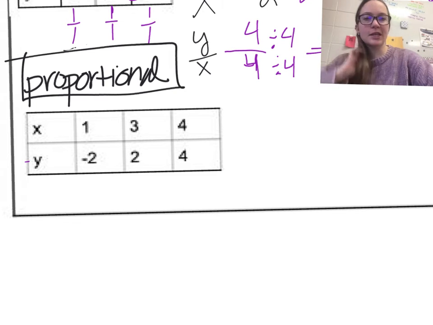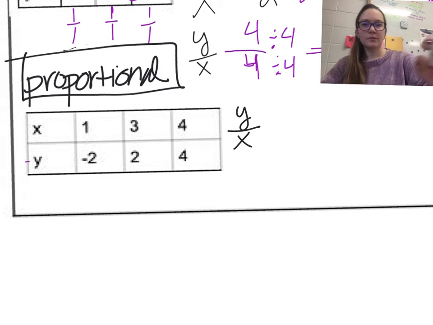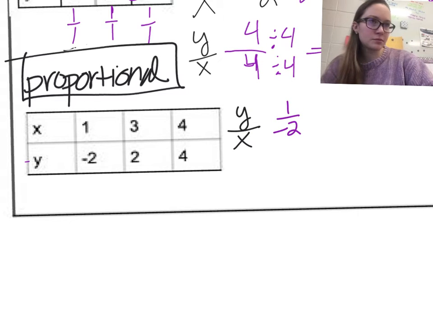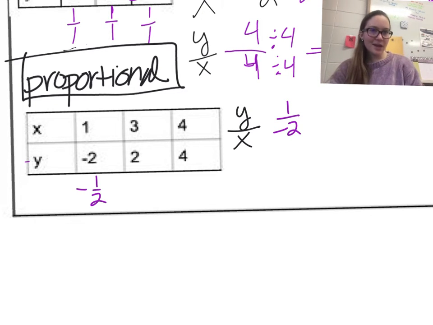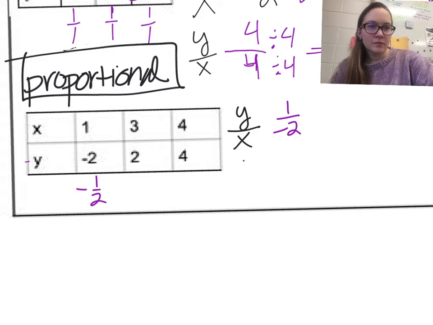Okay, let's do one more table. So again, I'm going to take the ratio of y to x. For my first point, 1 over negative 2. Those don't share anything, so it's just negative 1/2. For my next point, my x value is 3.